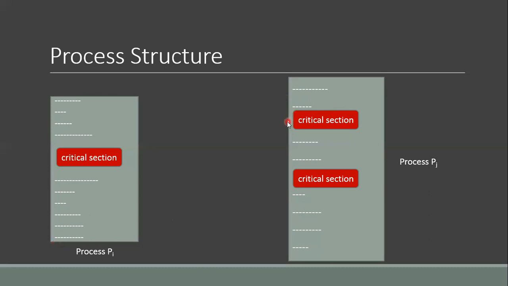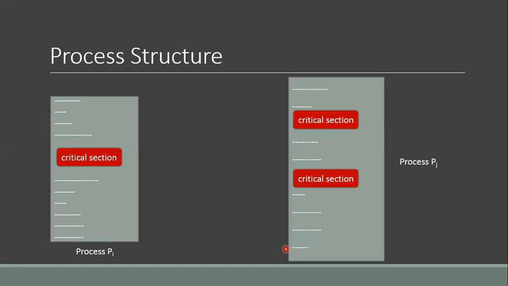This remainder section is followed by a critical section, which is again followed by a remainder section, then another critical section, and then the remainder region. Let me repeat again that the remainder section can be executed without any problem because it doesn't hold any kind of shared data.